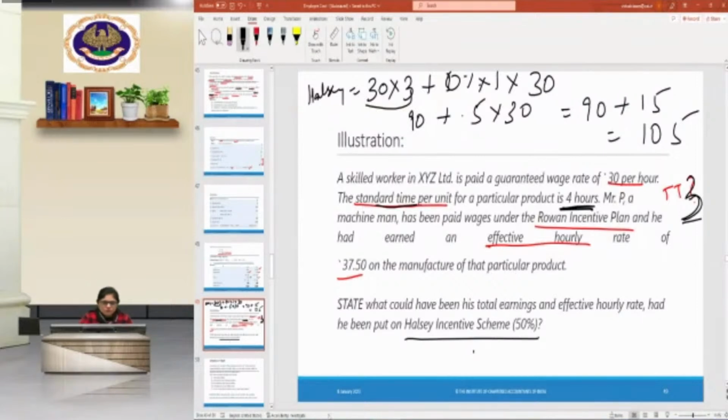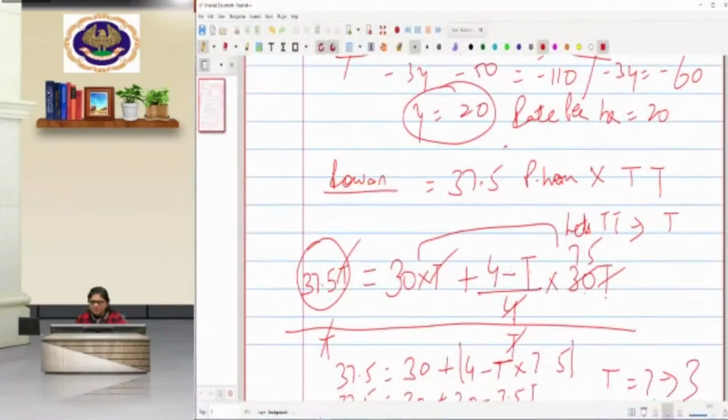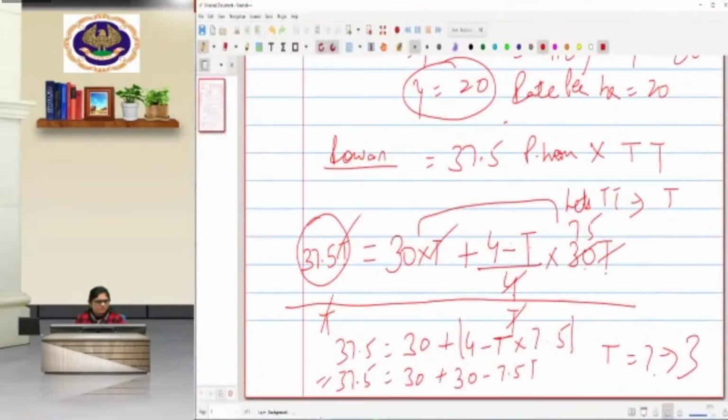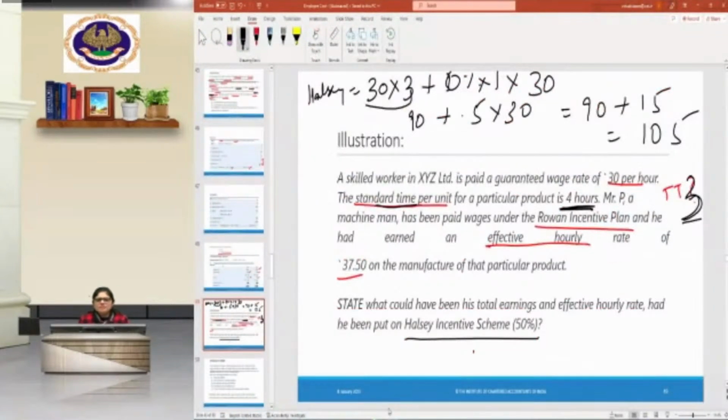If we move to this again, all right. So this is the total Halsey earnings. Now, how to calculate the effective rate per hour? Divided by the hours taken. So how much are the hours taken?